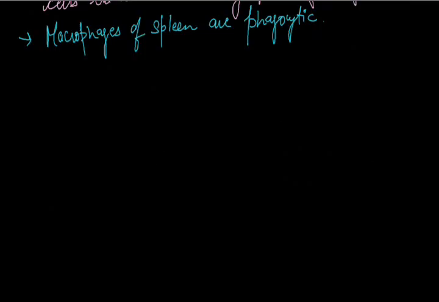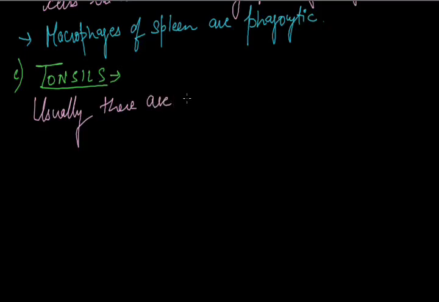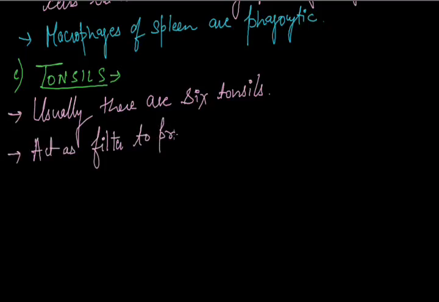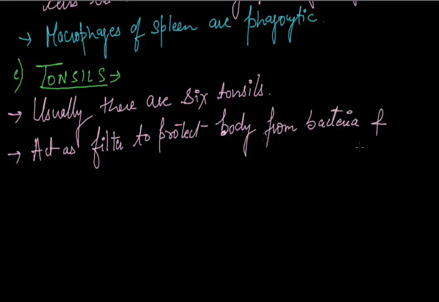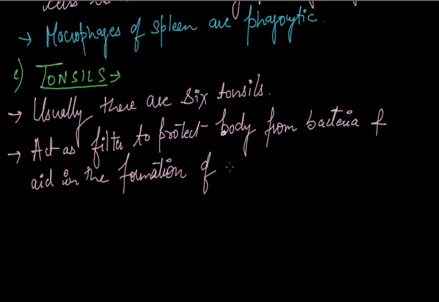Next lymphoid organ we'll discuss is tonsils. Usually there are 6 tonsils. They act as filters to protect the body from bacteria and aid in the formation of white blood cells.